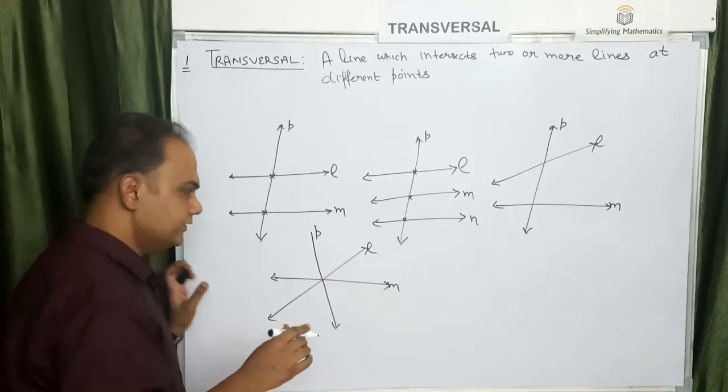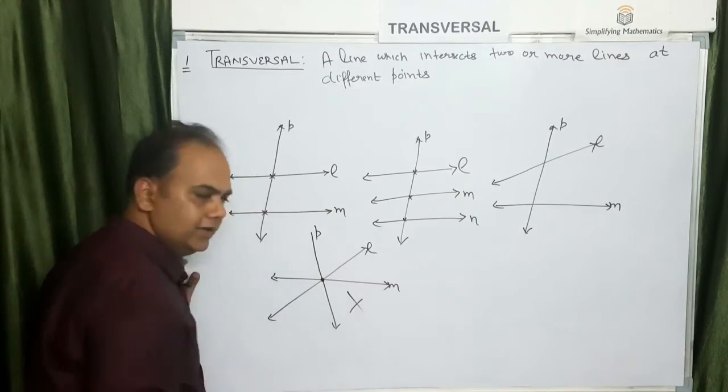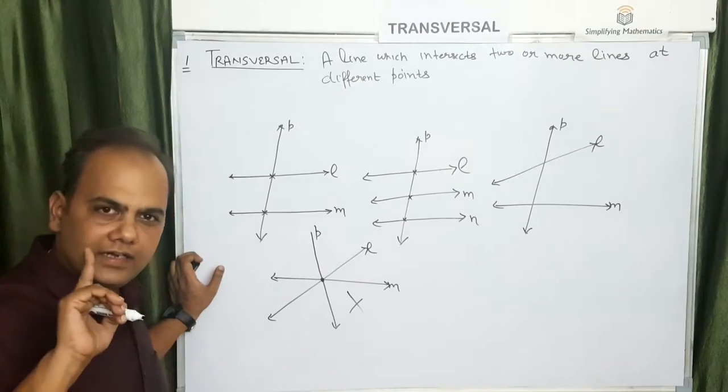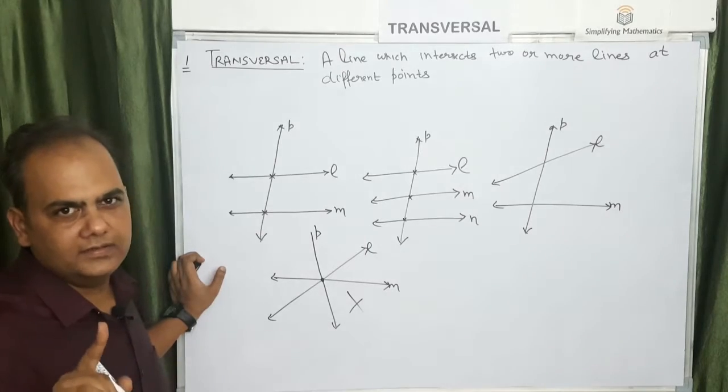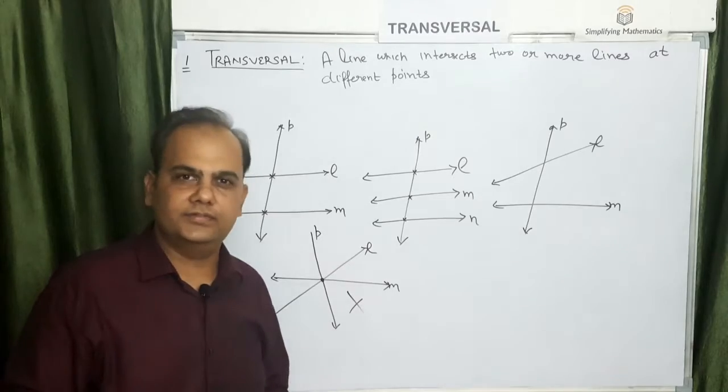No, this is not a transversal because ये lines को एक ही point पे intersect कर रही है, therefore this is not a transversal. So condition क्या है कि it should intersect the given lines at different points. Only then that line can be called a transversal.